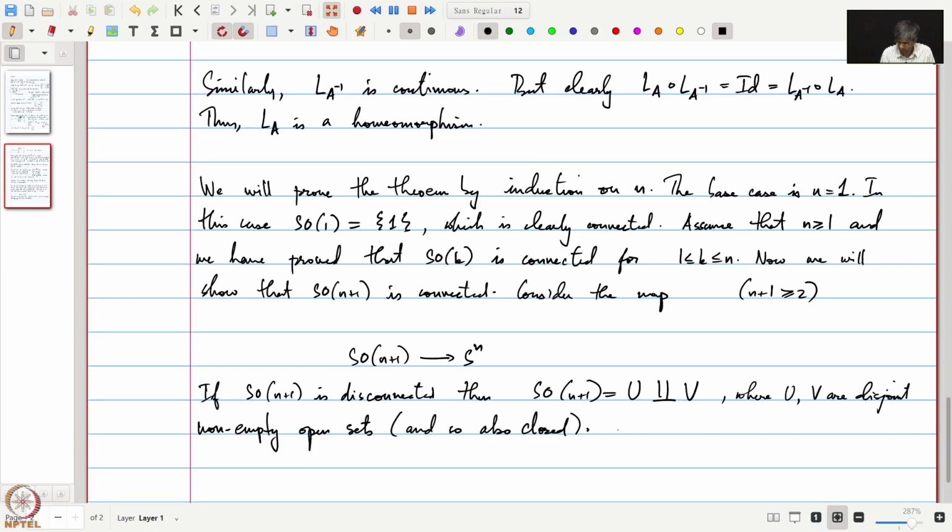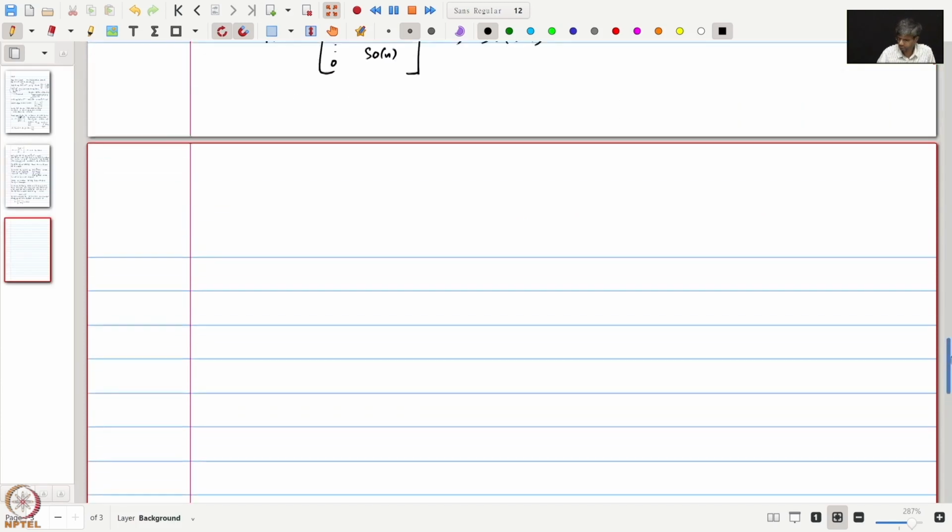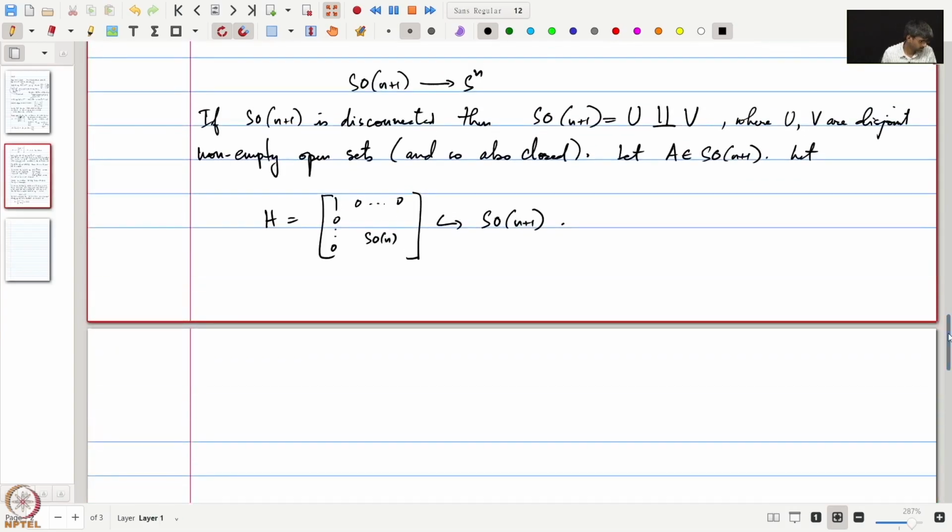Right. So let's pick any element A of SO(n+1), and let H be the subgroup SO(n) contained inside SO(n+1), right.